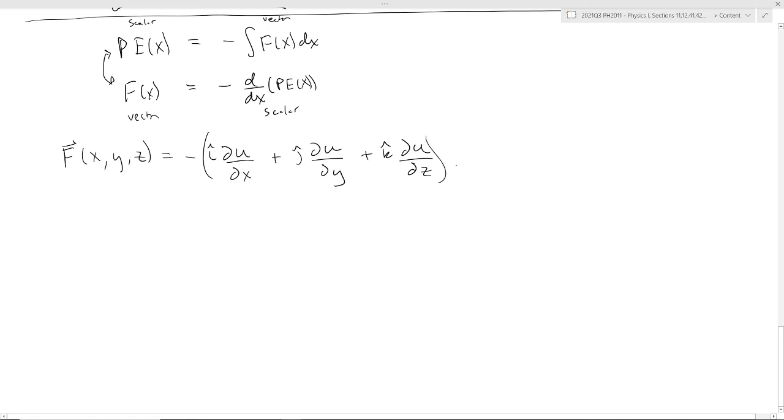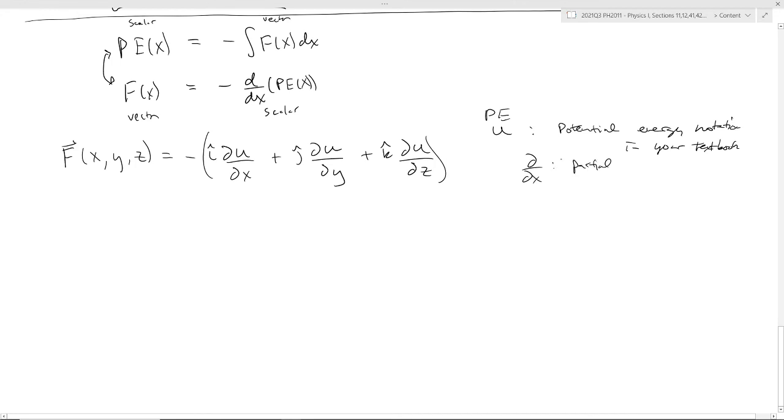A couple notes. U is the letter that your text uses for potential energy, so just to avoid confusion, these are the same thing. What else? These partial derivatives, like d dx, are partial derivatives.